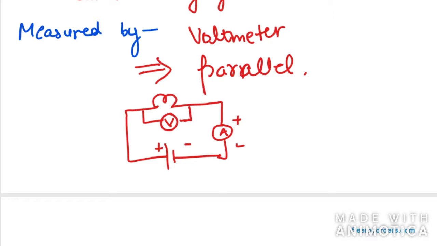Now the next thing is circuit diagrams, like how we make components in a circuit diagram. Some are well known to you as you have already done in class 8. So let us start with that. The first one is the electric cell. An electric cell has a positive terminal and a negative terminal.